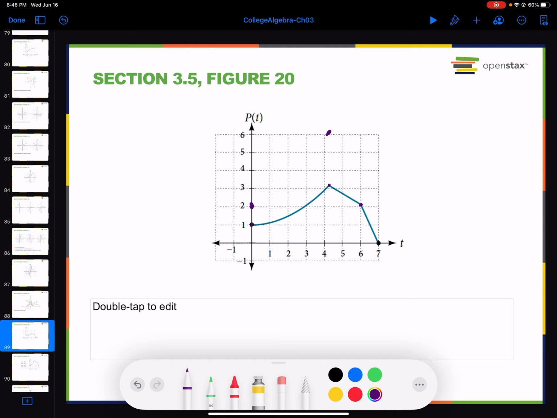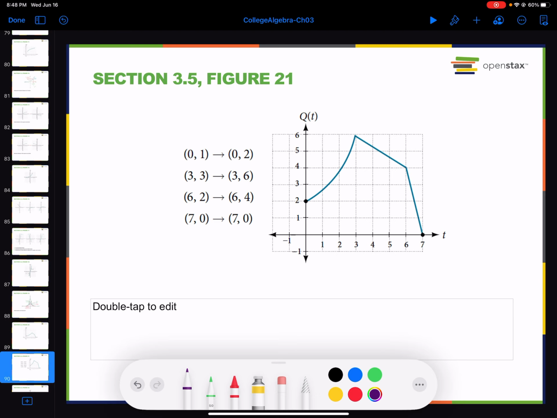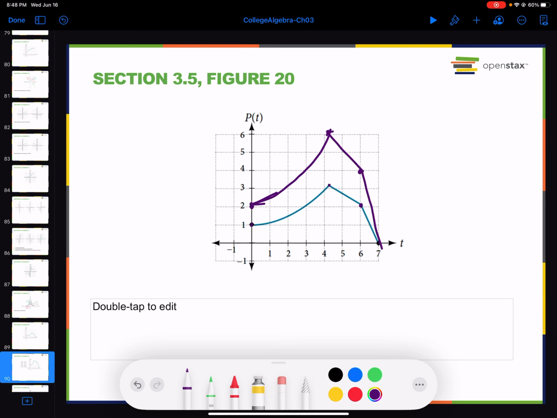And down here we've got about a 2, so that's going to become about a 4. And then our 7 is going to stay the same. So this one is going to look something like that. And here's our revision right there.